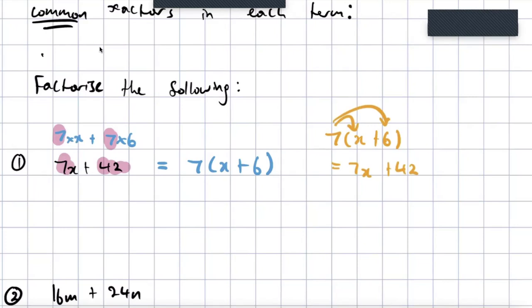Providing that you have done this step correctly and you get back to the original, then you are 100% correct. If you notice any variation from your original once you get to this, then you've made a mistake somewhere in your collecting of like terms, exactly like what I did a moment ago where I didn't change my term. Very common.